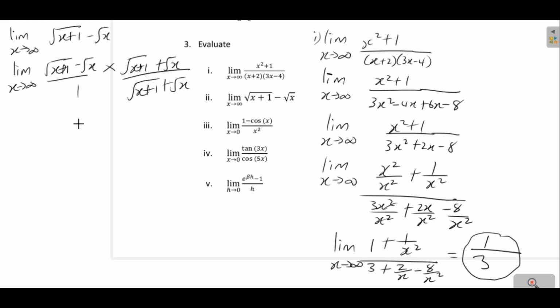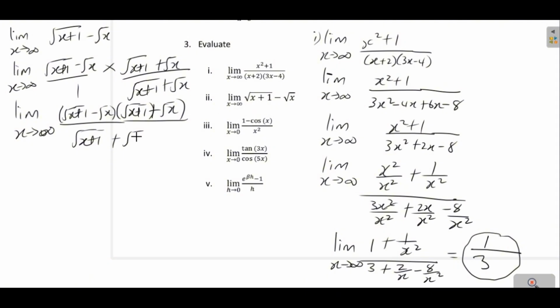Of course, don't forget that this is over 1. So finally, we multiply the numerator by numerator. We are going to have root of x plus 1 minus root of x multiplying root of x plus 1 plus root of x. That is for the numerator. Then the denominator, 1 multiplying this is just root of x plus 1 plus root of x.